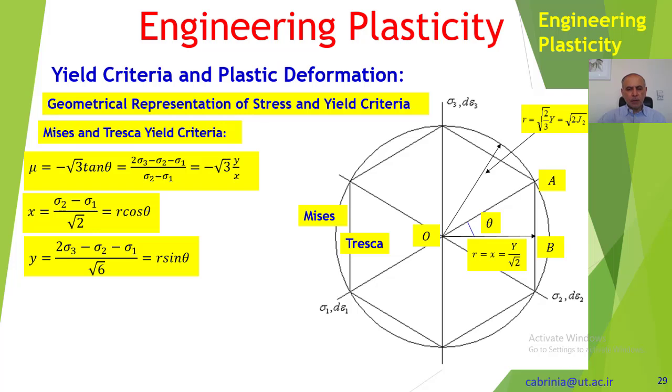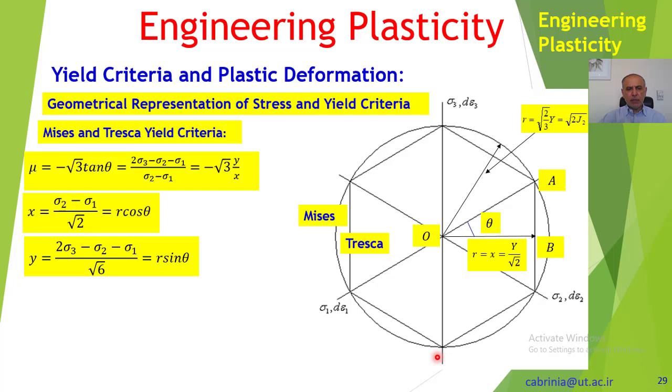Now this figure, which is shown here, is a projection of the stresses and stress coordinates in the three-dimensional space into the pi plane. So this is the pi plane: sigma 1, sigma 2, sigma 3, and epsilon 1, epsilon 2, epsilon 3 are the stresses and strains projected onto the pi plane.